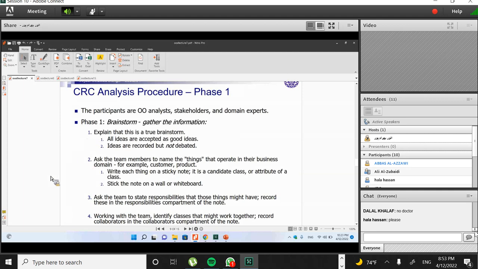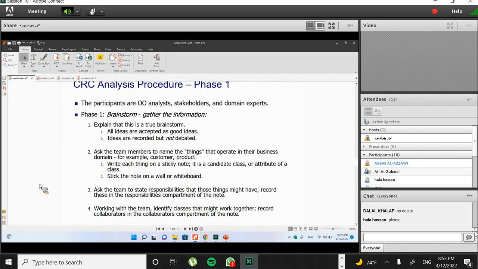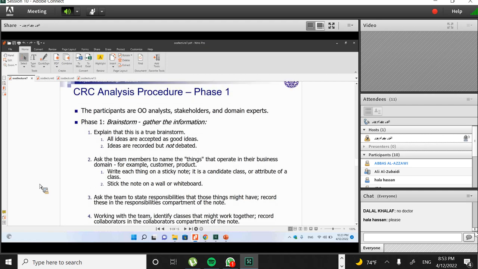The procedure of phase one is defined in this slide by 4 steps, and we will see the procedure of phase 2 in the next slide. Please take a look over this slide for a moment, and I will come back to discuss these steps.